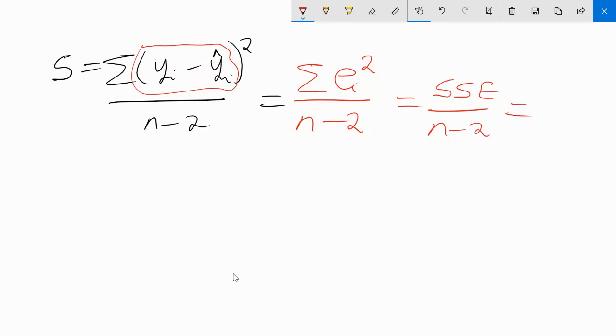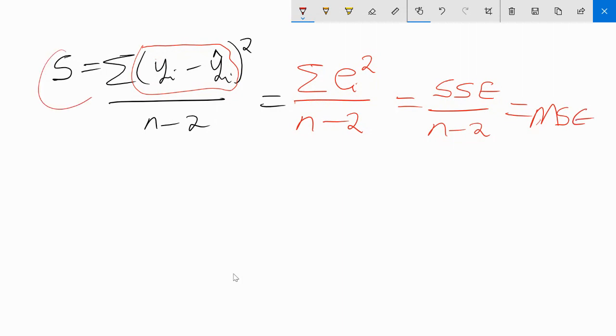And you know that when we have the sum of squares divided by the degrees of freedom, or the error sum of squares divided by the degrees of freedom, we get the mean square error. So this becomes MSE.